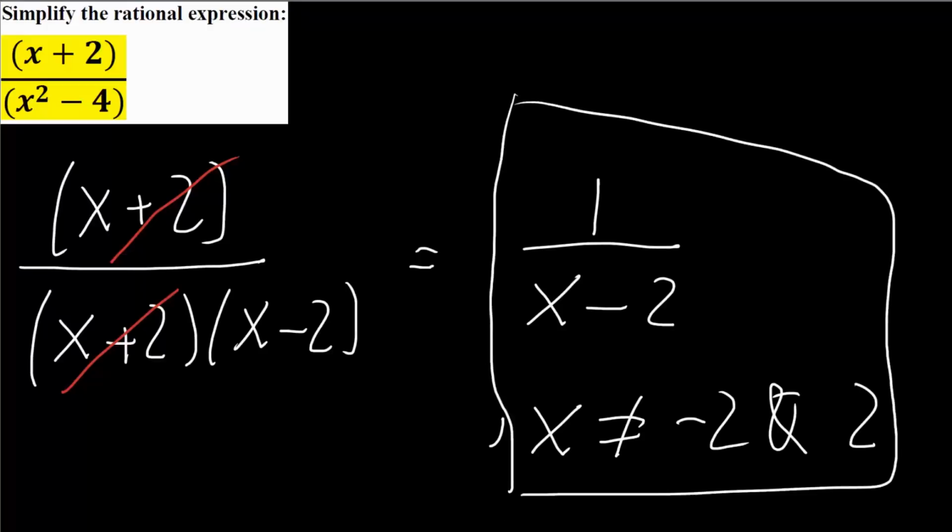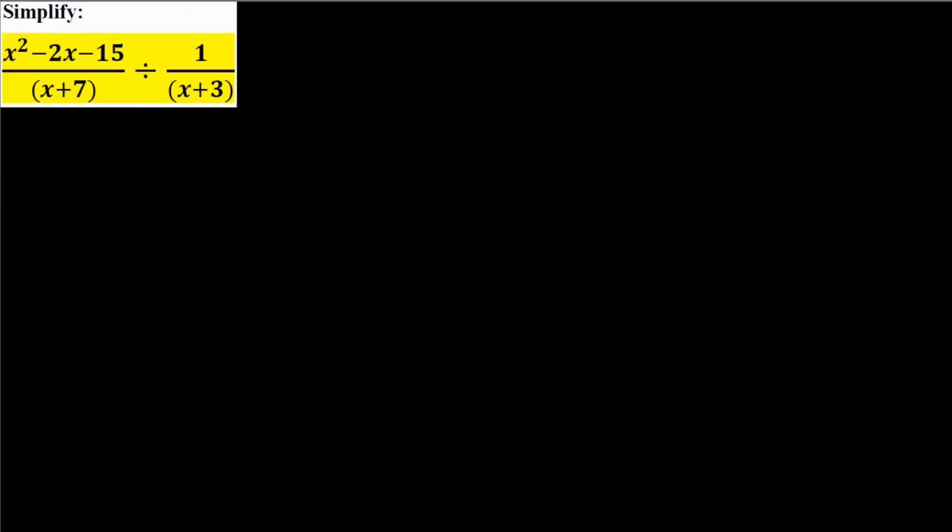And the next and last problem is we want to simplify this, so we have to also divide. So first we will factor the numerator if we can, and we'll just try x parentheses x.